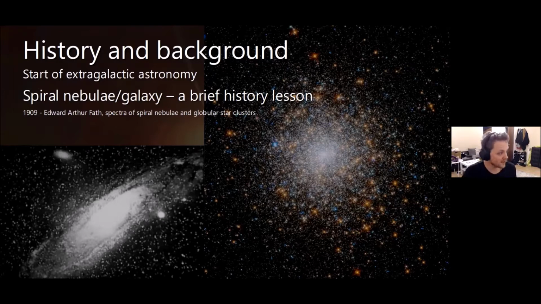So in 1909, Edward Arthur Fath took some spectra of some spiral nebulae and globular clusters, and he noted that they have very similar spectra.